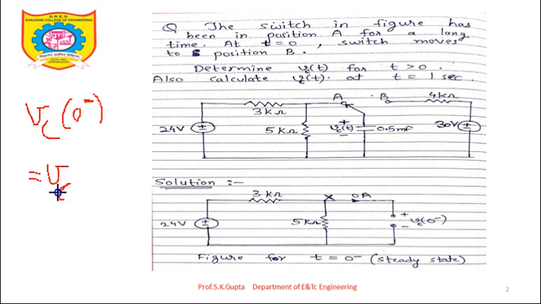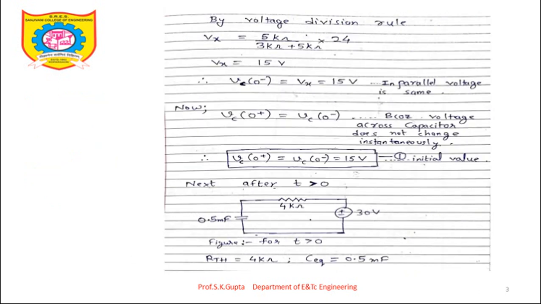VC0 minus is 15 volt, VC0 plus is also 15 volt. So we got the initial value, the first thing.